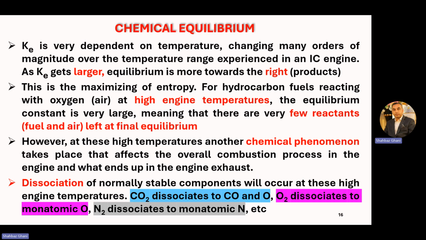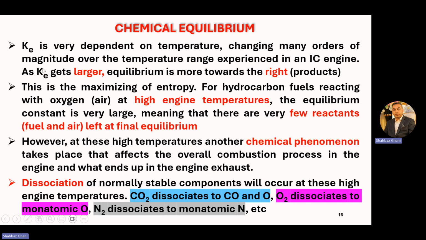During the compression stroke, the temperature varies from BDC to TDC. During combustion, the temperature varies. During the power stroke, the temperature varies from TDC to BDC. Then we have the exhaust stroke, where there is again a temperature variation. So there is a wide range of temperature variation in an IC engine.